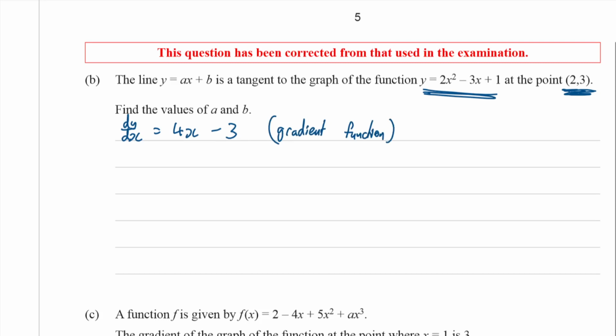Now, the gradient of the tangent is the same as the gradient of the function at (2, 3). So let's substitute in x equals 2 to find the gradient at x equals 2. So m for gradient is equal to 4 times 2 minus 3, 8 minus 3, which is 5.